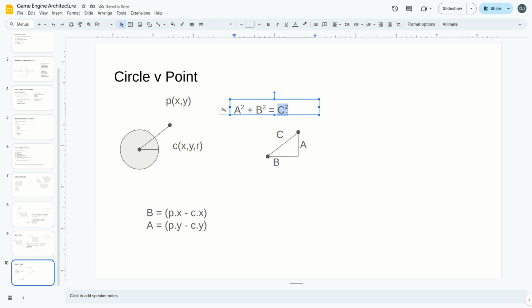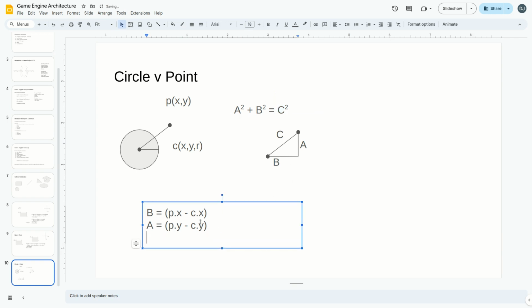And C now equals, we can reorganize this equation so that we have the square root of A times A plus B times B. And we can substitute all of that out.